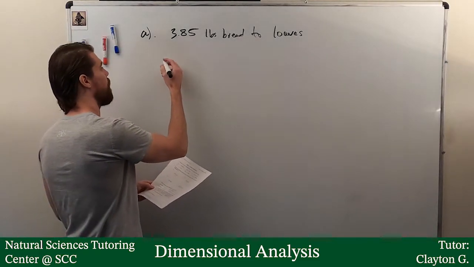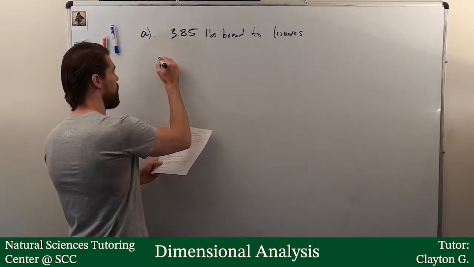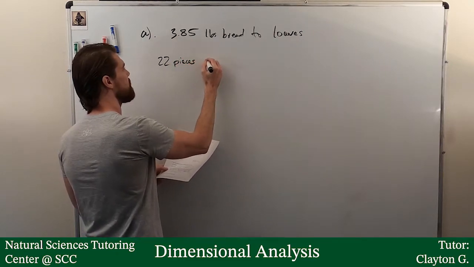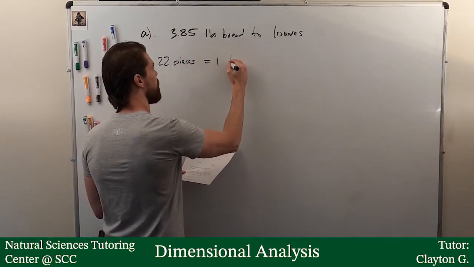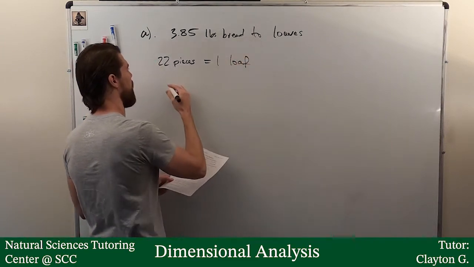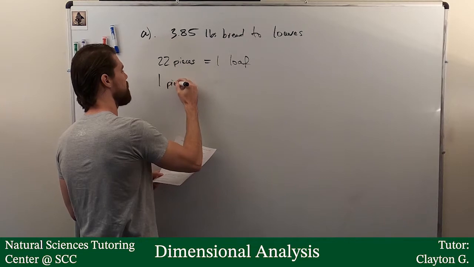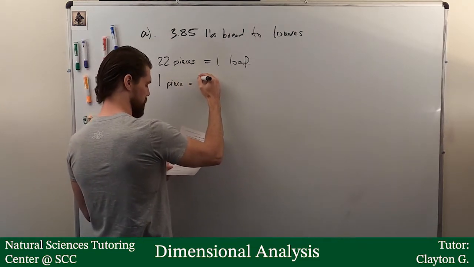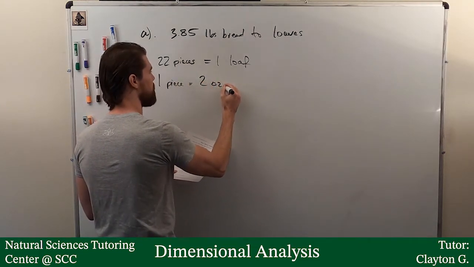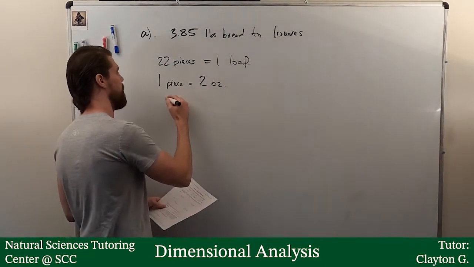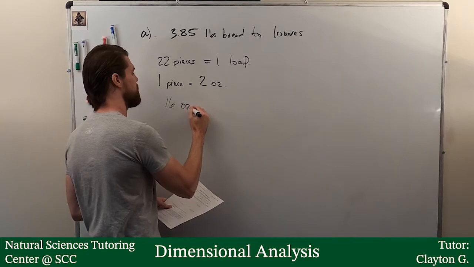So I'm going to write out the tools we're going to need. I have 22 pieces of bread equals 1 loaf. And I know that 1 piece equals 2 ounces. I have 3.85 pounds. I also know that there are 16 ounces.